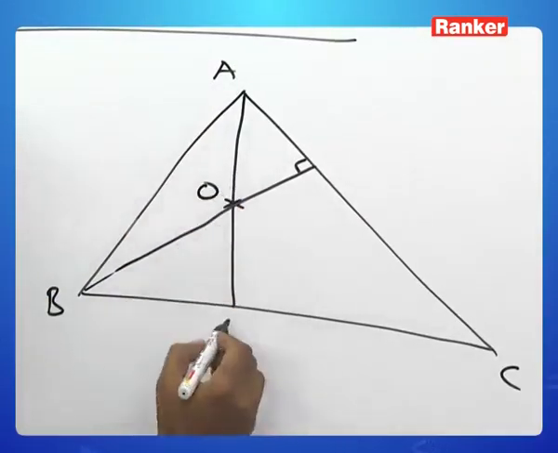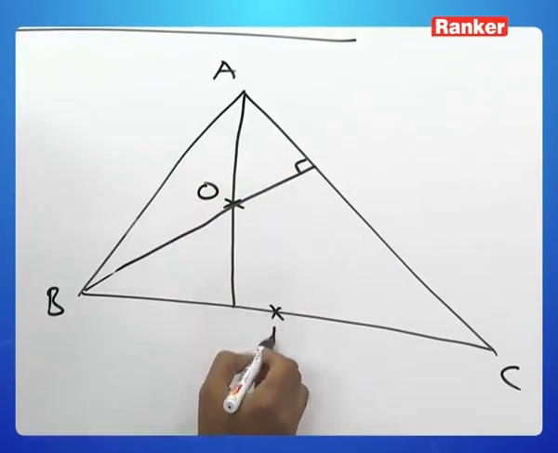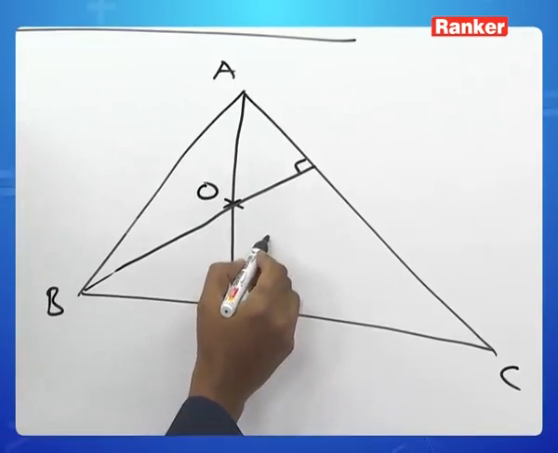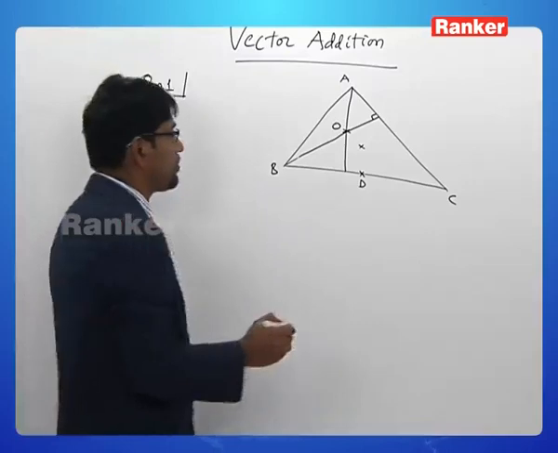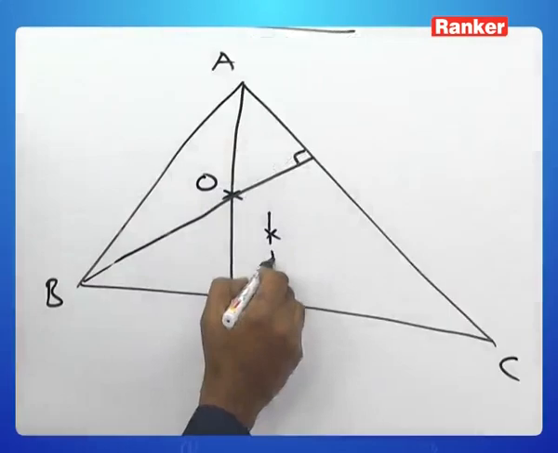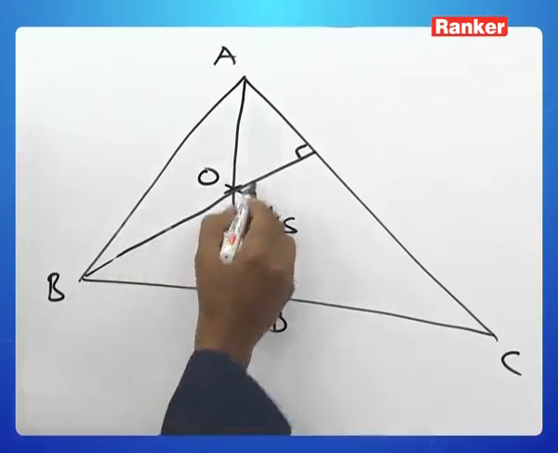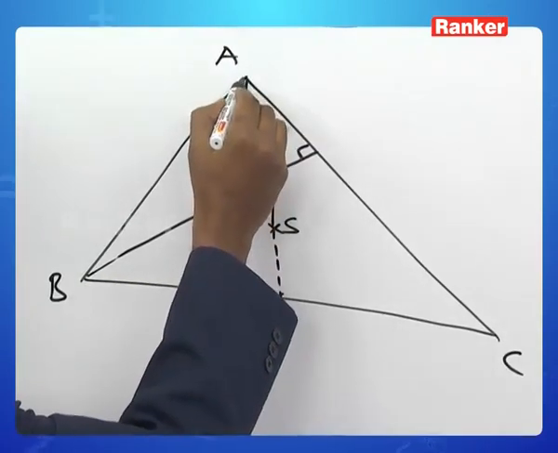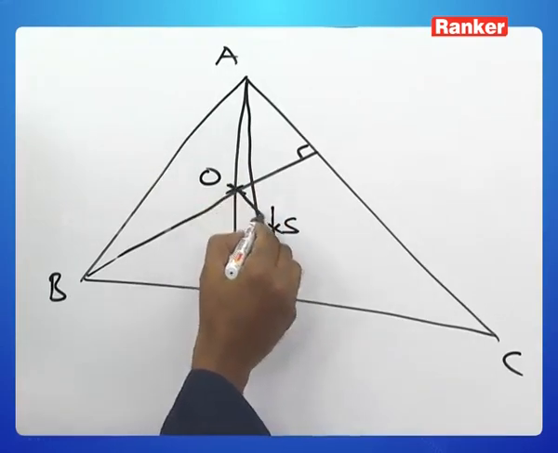Let us say that D is the midpoint of BC. S will be on the perpendicular bisector of every side. So this is S, let us say. You join up A and D and also SO.